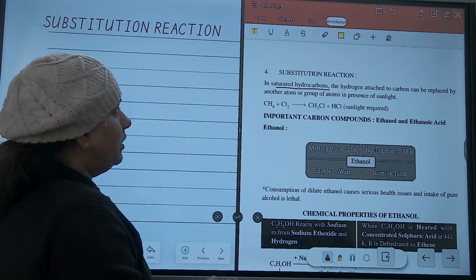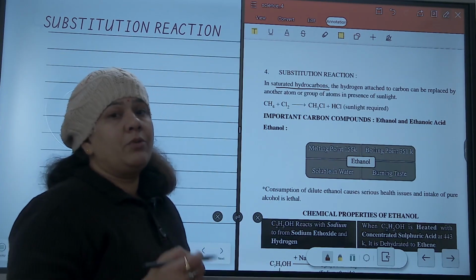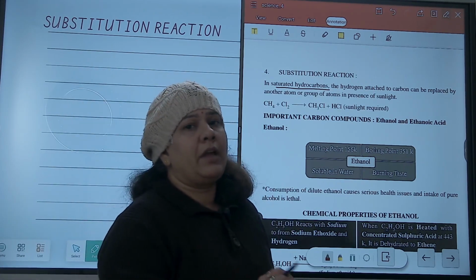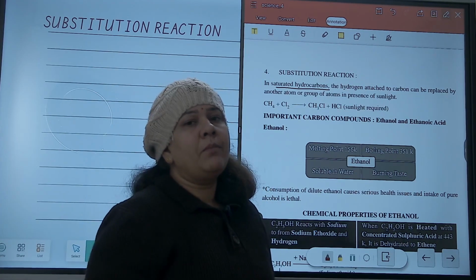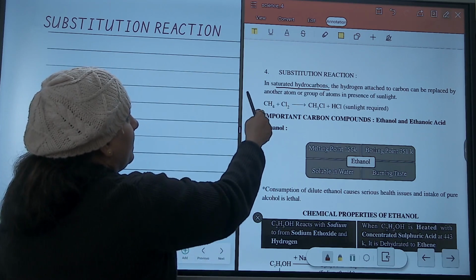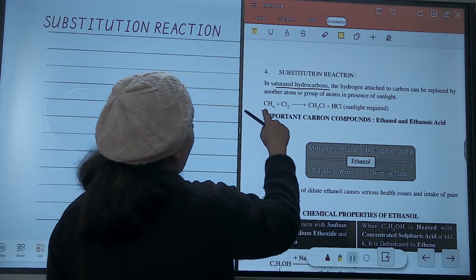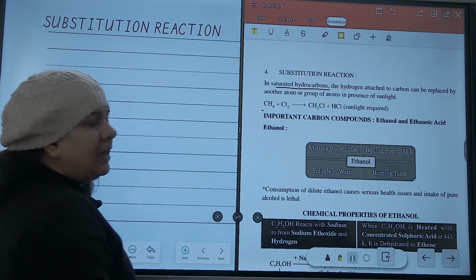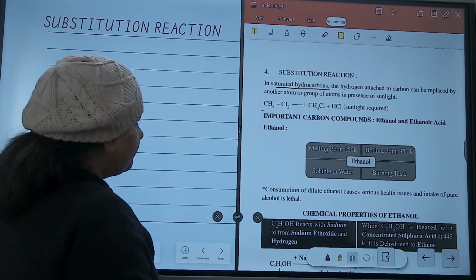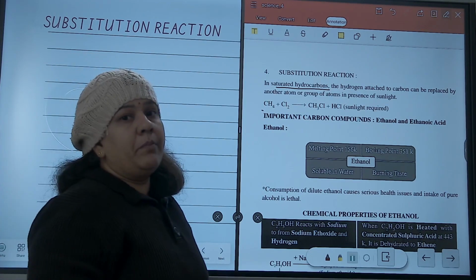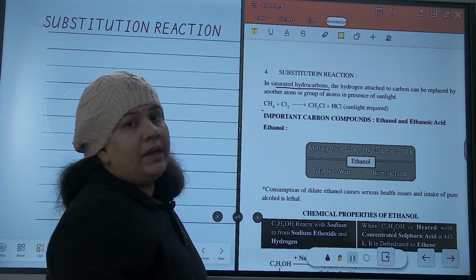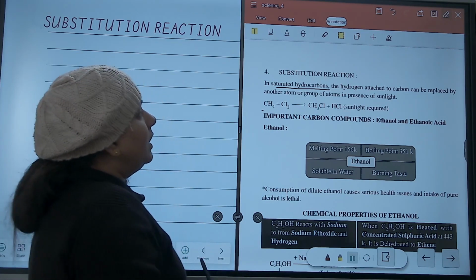Substitution, as the name suggests, means one or more atoms of the reactant are replaced by some other atom. For example, in this reaction, hydrogen atoms of methane are replaced by chlorine. You must remember that the original atom the compound contained is being replaced.